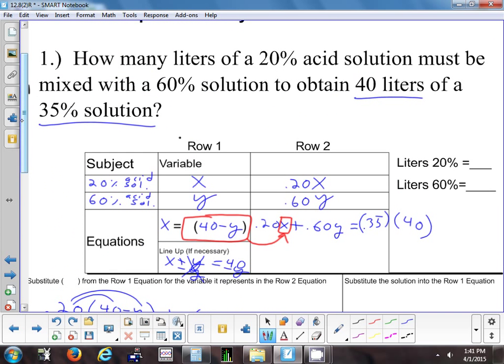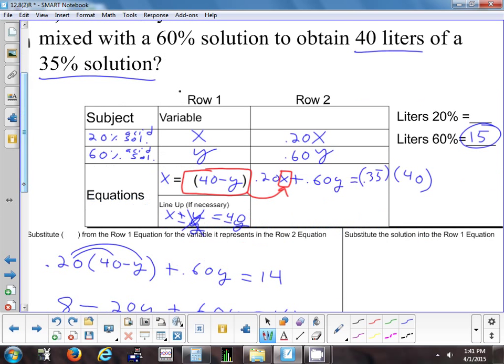Okay. So as Victoria just said, now we know how much of the 60% we need. It's 15 liters. Now I have to figure out how much of the other one I need. How do I get X? Plug in Y. What's Y? So what would be my equation for X? X equals what? 40 minus 15.